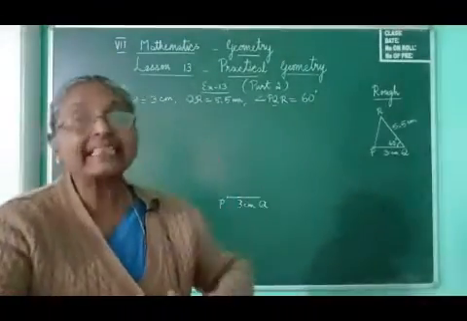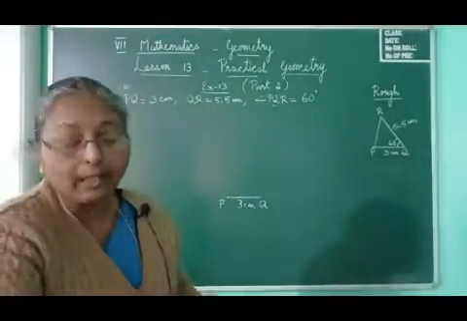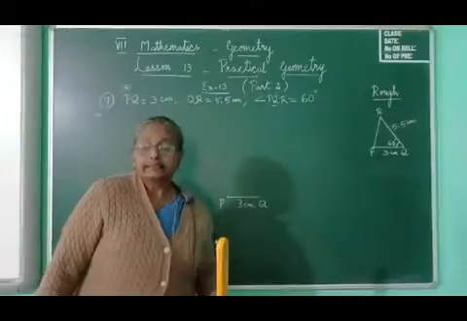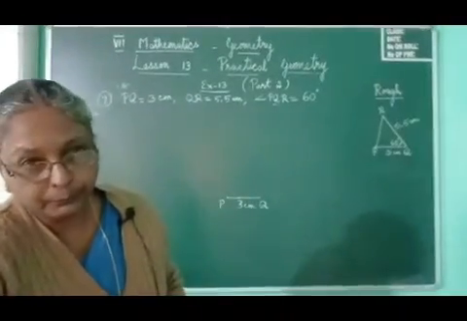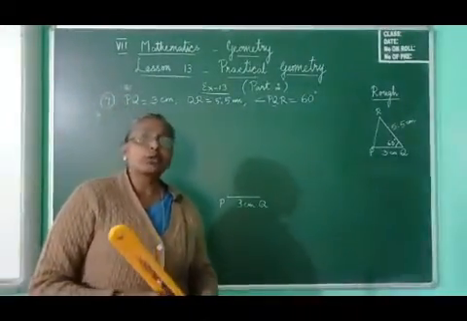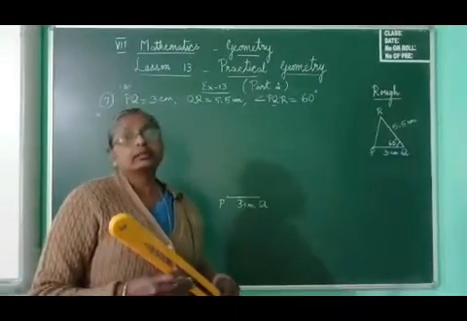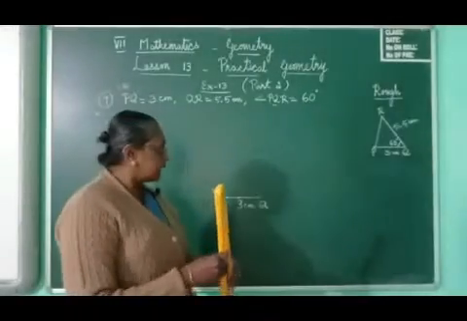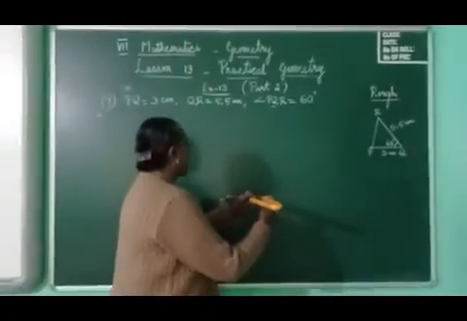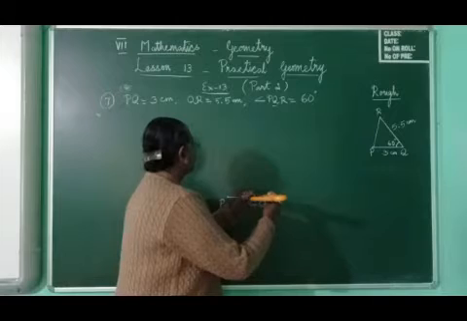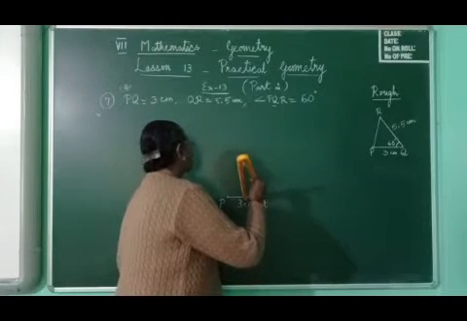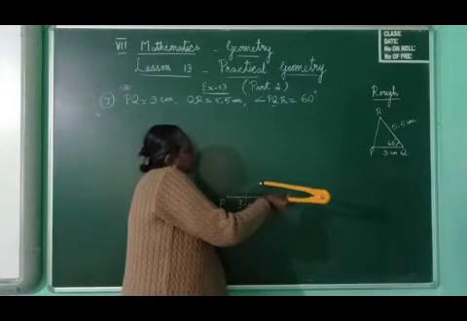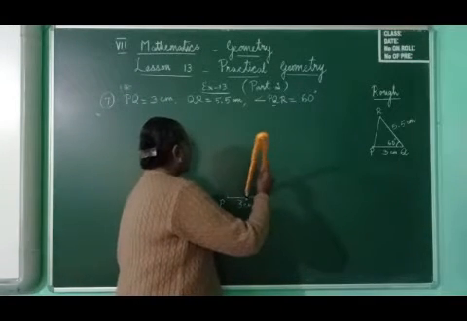So, in order to draw QR, first we need to draw an angle of 60 degrees at Q. Because we know how to draw a 60 degree angle with compass, we can use compass and draw. You have learnt in the earlier class how to draw a 60 degree angle. So from Q we will draw an arc which will cut the line at a point.